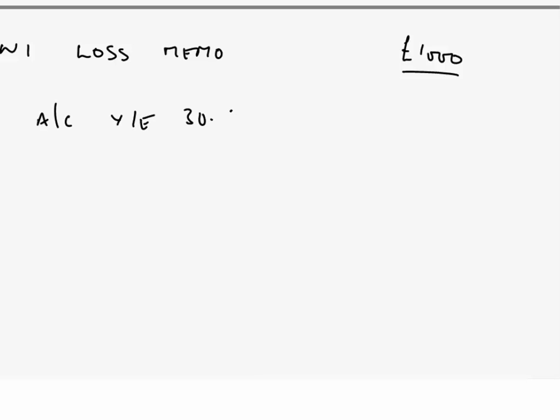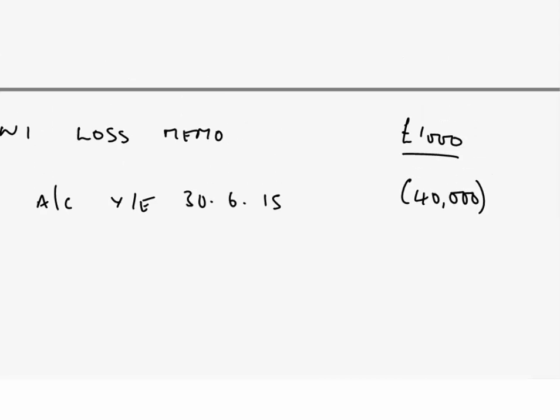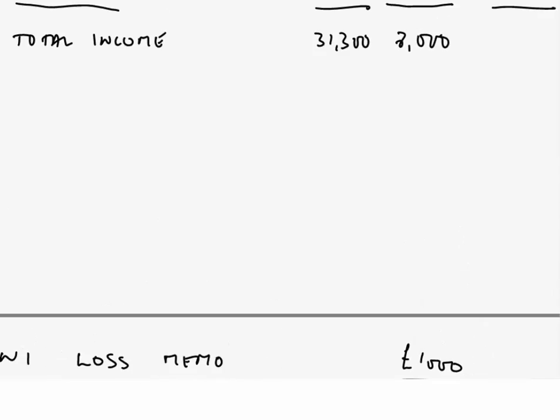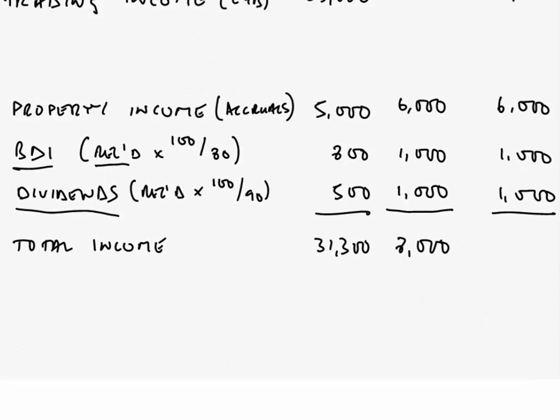The accounting year end, 30th of June 15, in which we suggested, remember I made the number up, a loss of £40,000. And in this loss memo, we will show the different reliefs that are applied and the order in which they are applied. We'll also demonstrate that on our answer page.